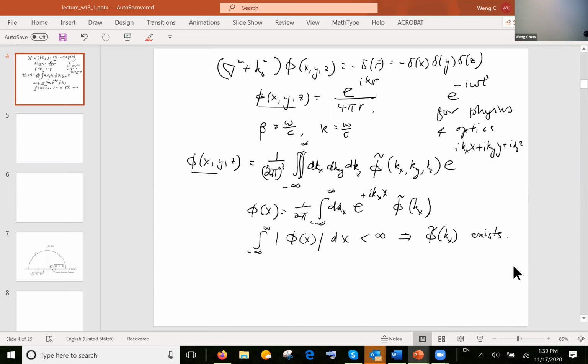I'm not going to prove this, but keep it at the back of your mind. If you can do this, then you can replace this with the Fourier transform. This is also true in 3D.